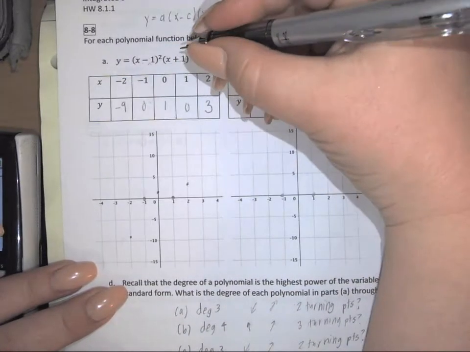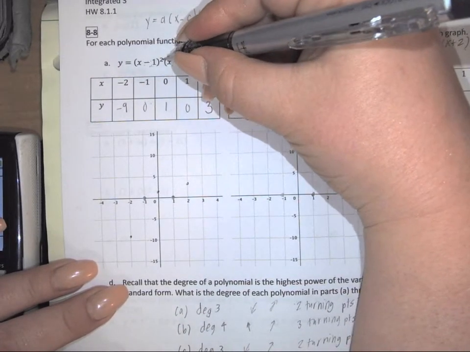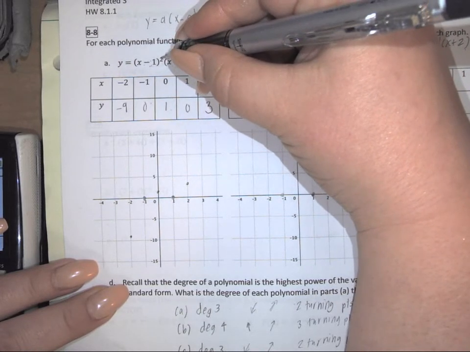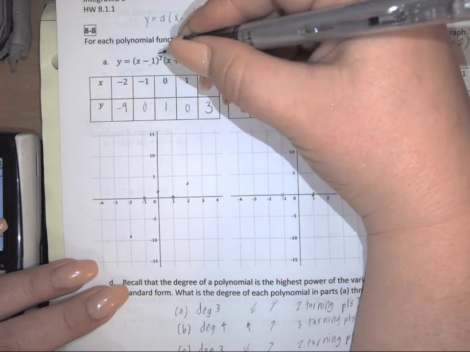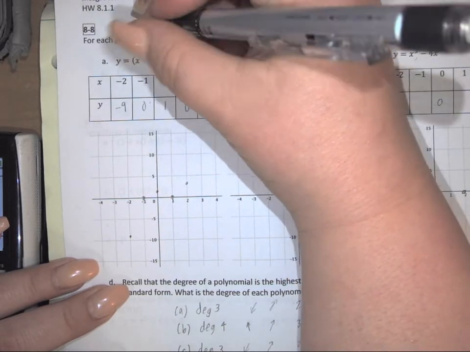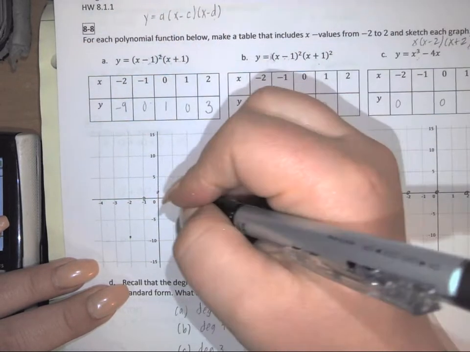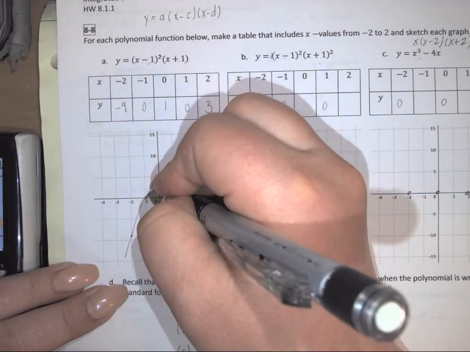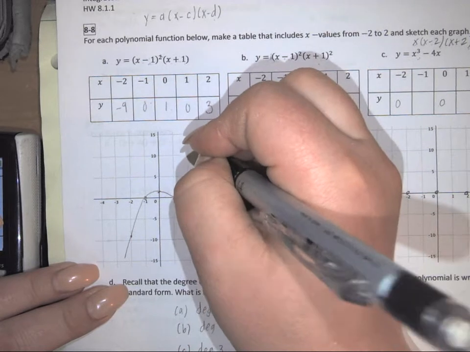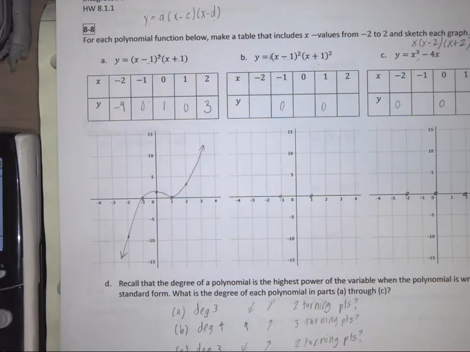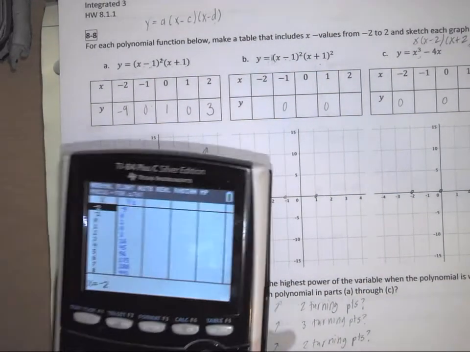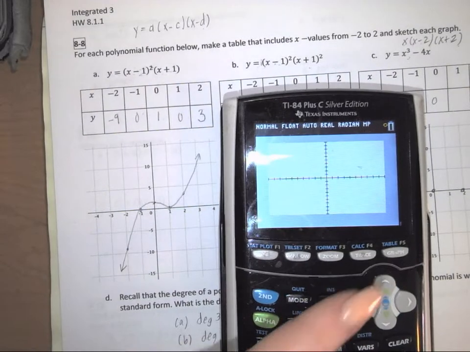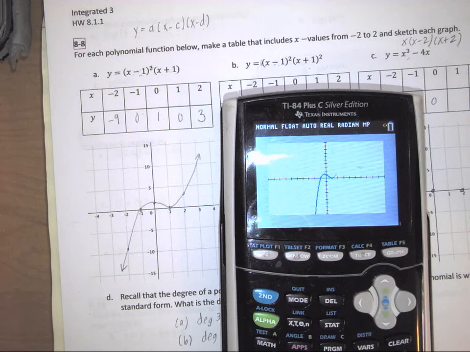It's really important to notice, because this is a repeated factor where the exponent is even, we're going to talk about this in the lesson for today, but it means that this x-intercept bounces. You can see it comes up here, and then it bounces off 1 and goes like this.